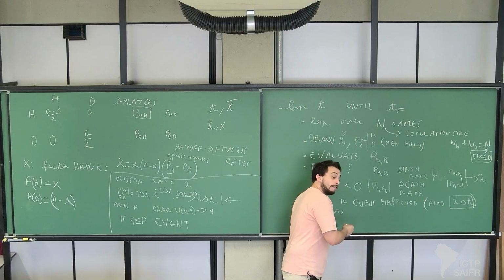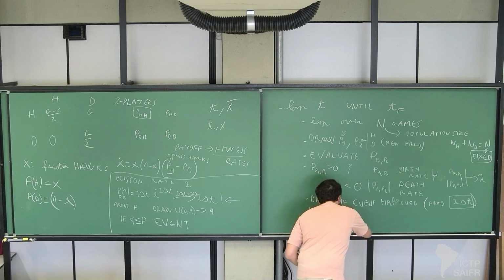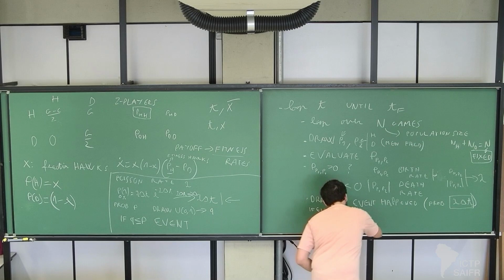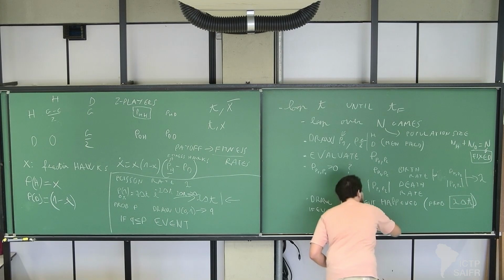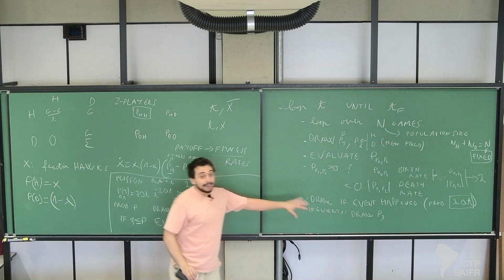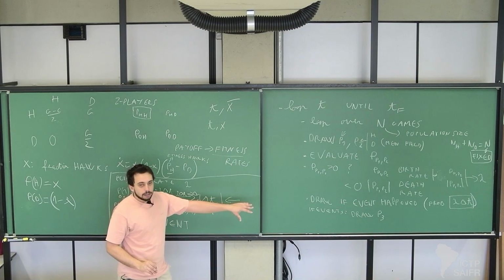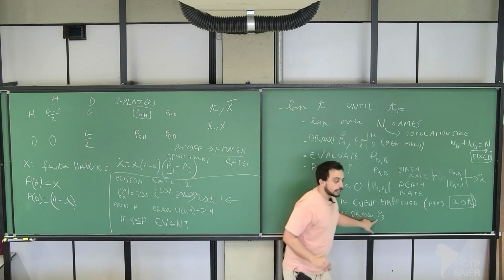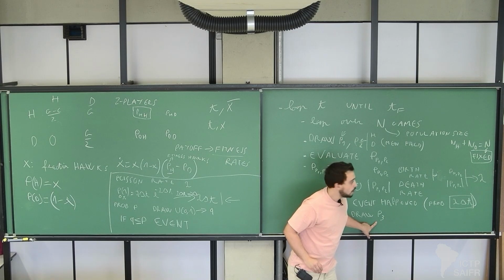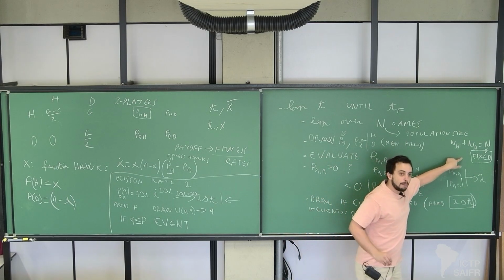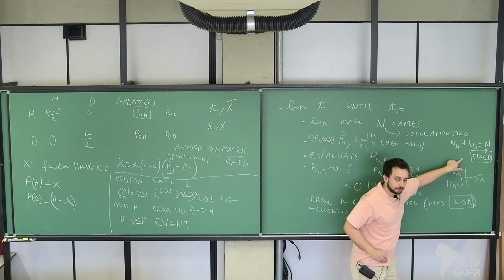If you draw an event, then you need to draw a third player, okay? Draw player 3. This is done so that player 3 is going to either replace or be replaced by the focal player, player 1, such that the population size is going to be fixed.